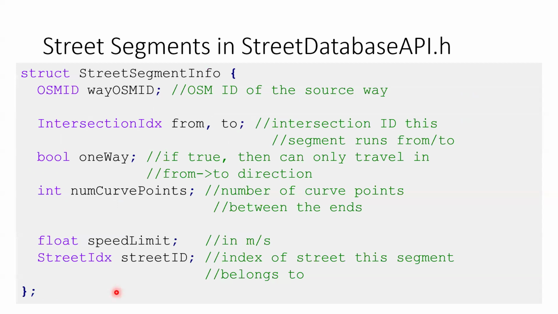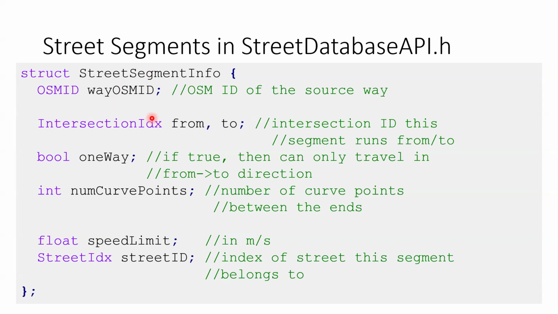For example, the street segments are stored in a street segment info struct. In this struct, it's defined by first OSM ID, the way OSM ID. The OSM ID is a unique ID given to any of the elements in the OSM library that's unique universally.